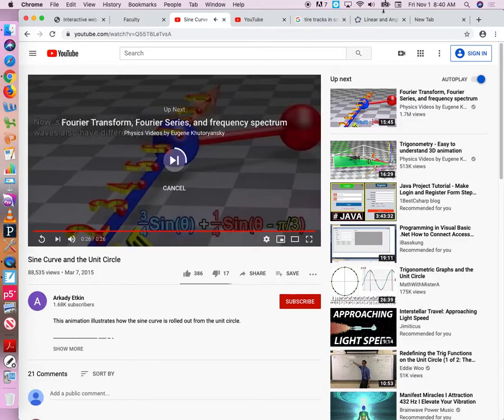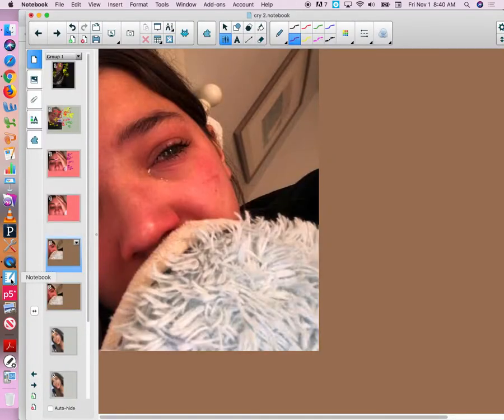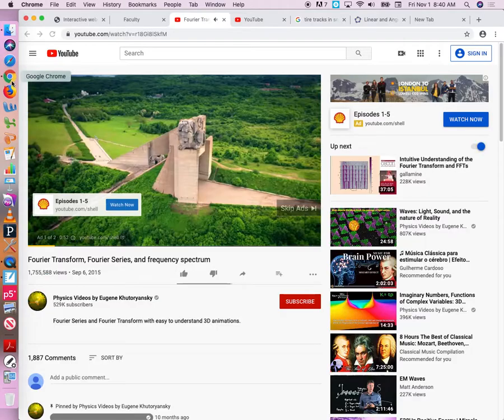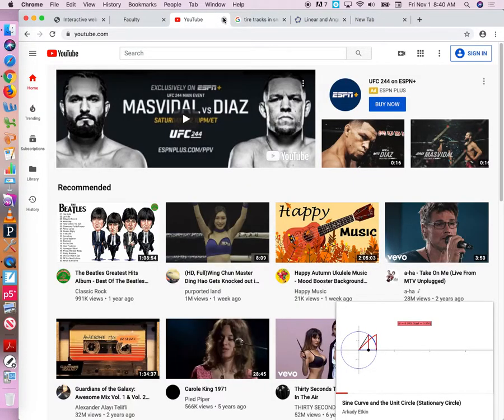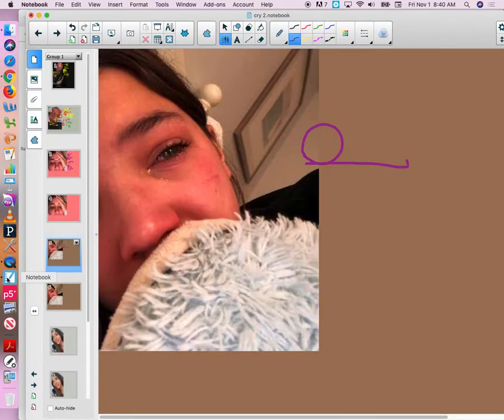So, to wrap up class today, as this tire rolls along the ground, and I put it in motion, as it starts to roll, isn't it going to leave that arc length on the ground right here as I push that forward?